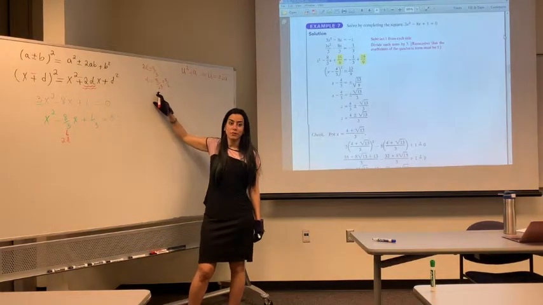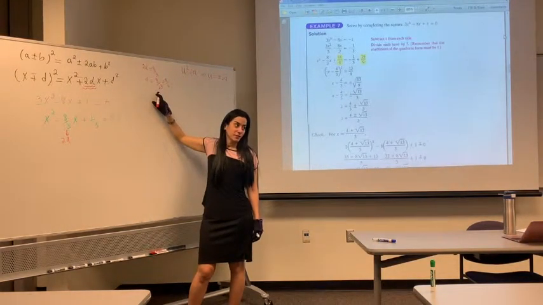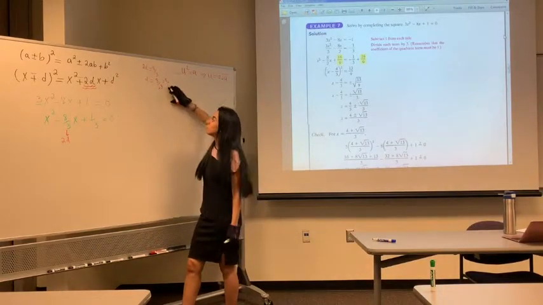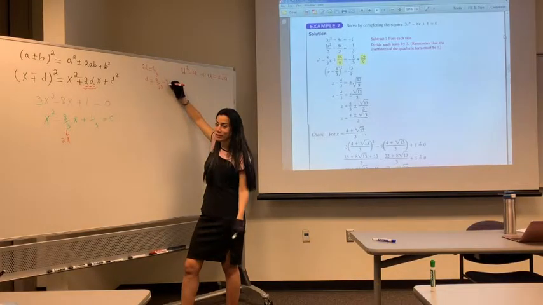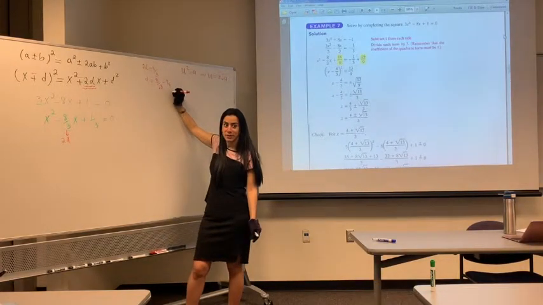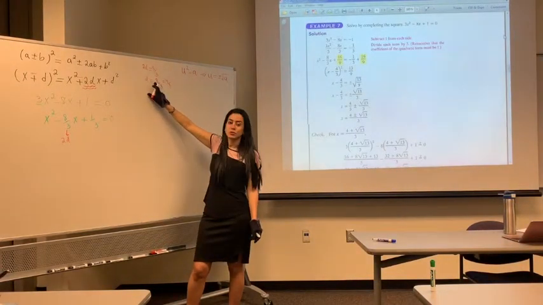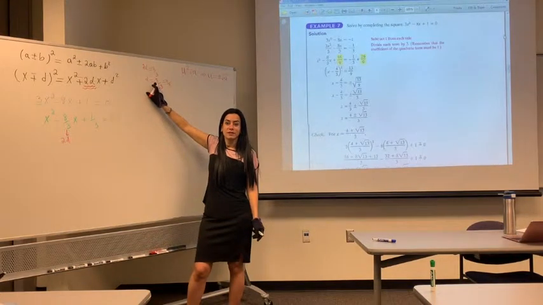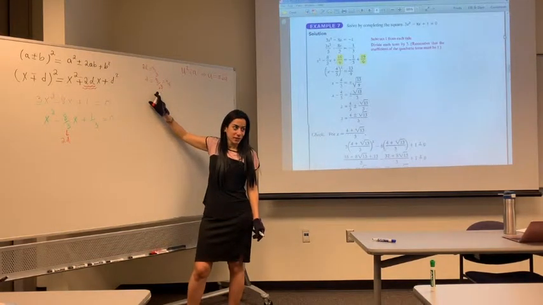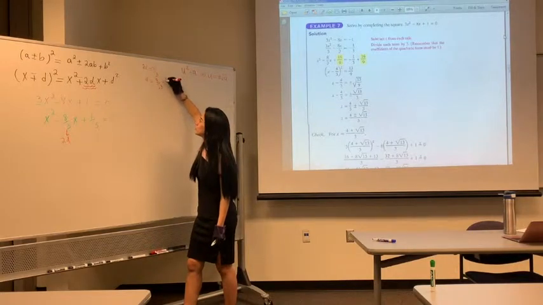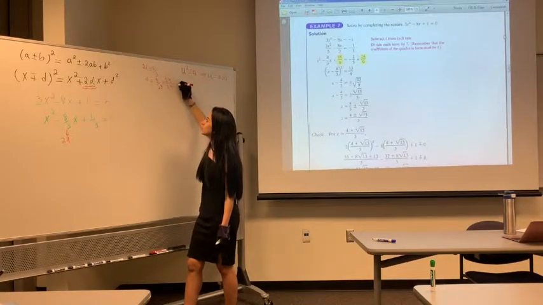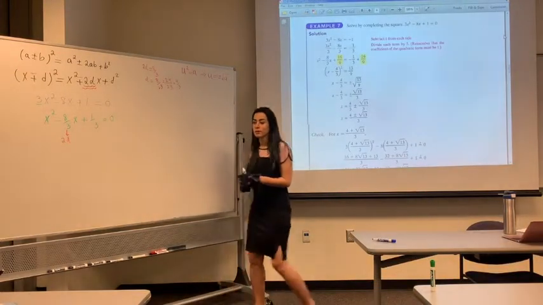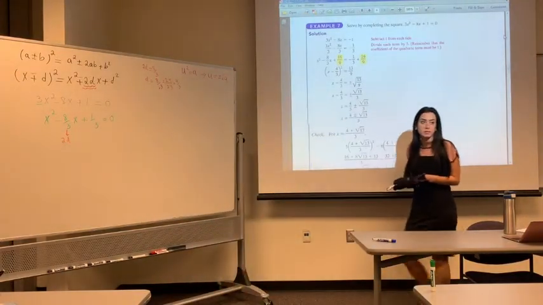But before even multiplying, I could simplify this to what? 4 over 3, right? 8 is 2 multiplied by 4. This one is 2 multiplied by 3. 2 cancels with 2, what remains? 4 over 3. Correct?